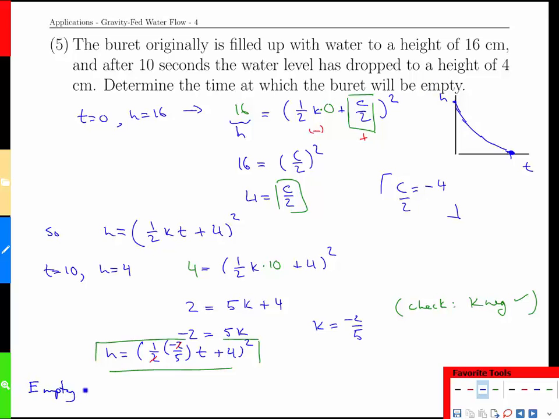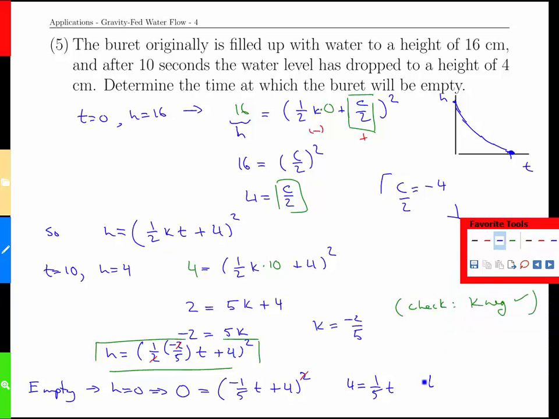The buret will be empty when h is equal to 0, which means that 0 would equal (-1/5 t plus 4) squared, and we simply solve for t now. Squared doesn't matter, we'll take the square root of both sides, and we'll end up with 4 equals 1/5 t, and at the end of the day, t equals 20 seconds is when the buret will be empty.